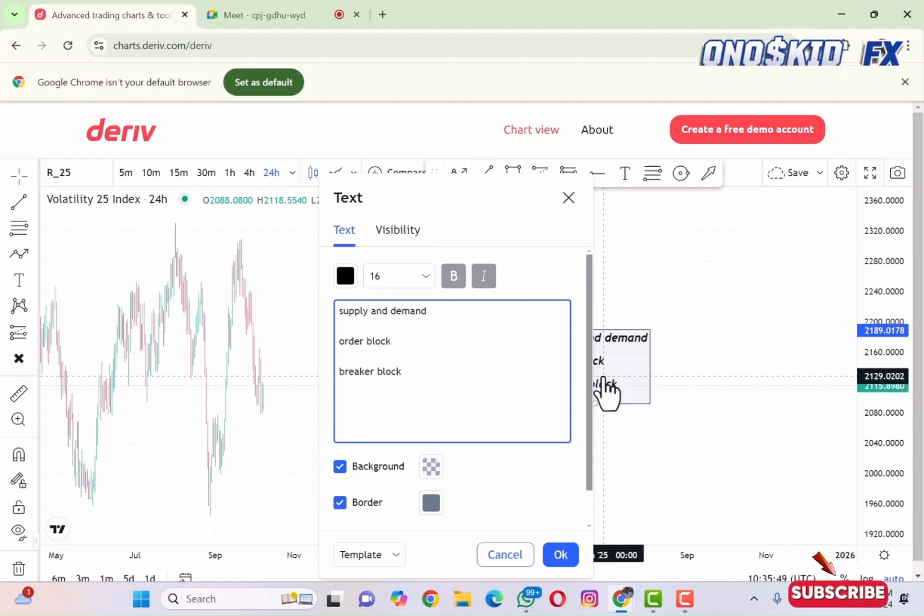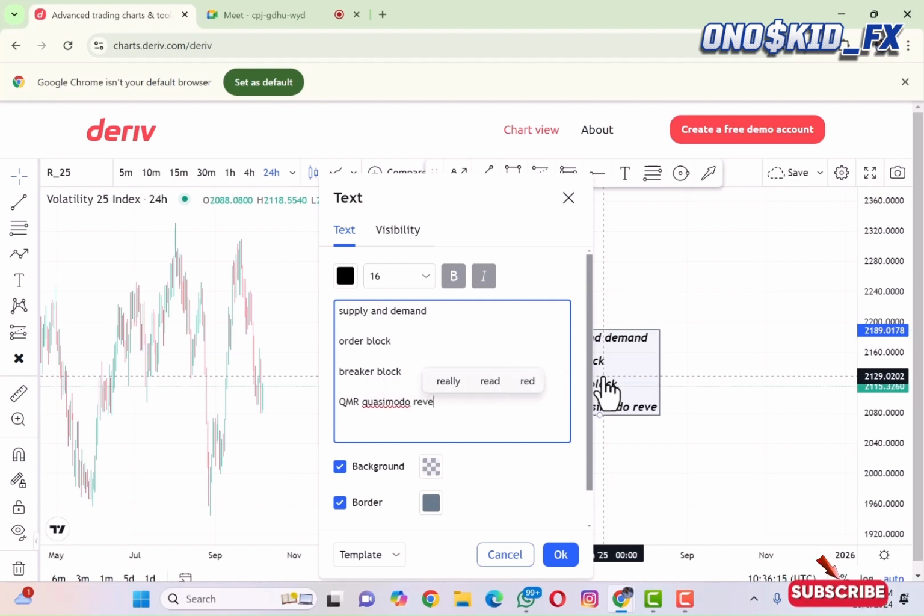Then last but not the least, we look at what is called the QMR, which means Quasimodo reversal.